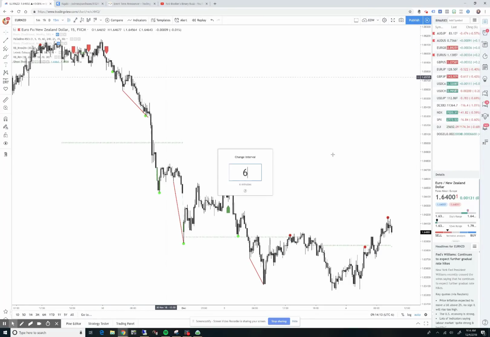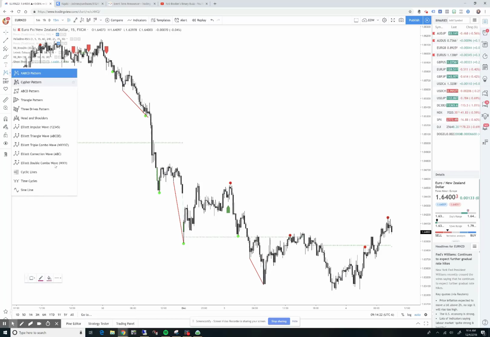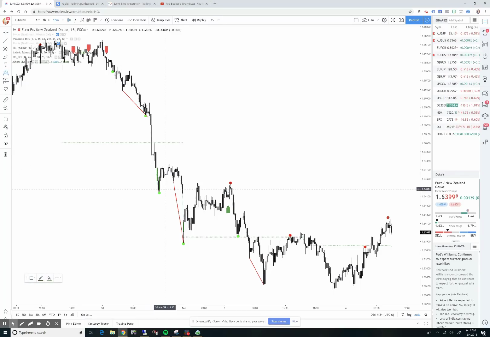Okay, I want to go to the 15-minute chart. What we have here is the Euro New Zealand on a 15-minute chart, but you can see it on even a 1-hour chart.